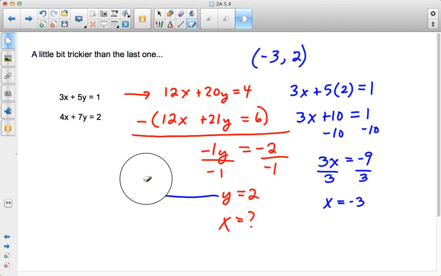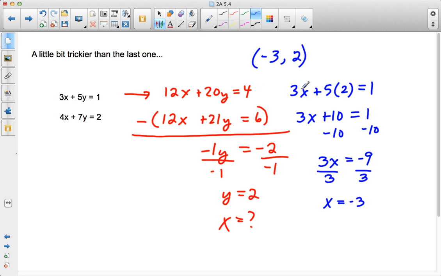So I'm going to go back to the original equations. And really, I don't need to test the first one, since that's what I used to get my answers, but I'm going to do it anyway, just in case I made a mistake somewhere. 3 times negative 3 plus 5 times 2 equals 1. Is that true? Negative 9 plus 10 equals 1. That's true.